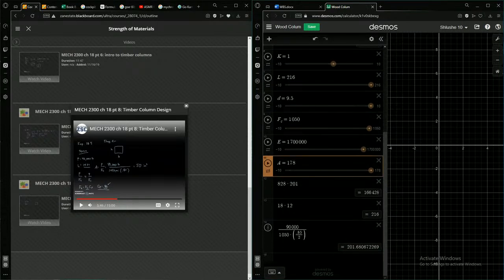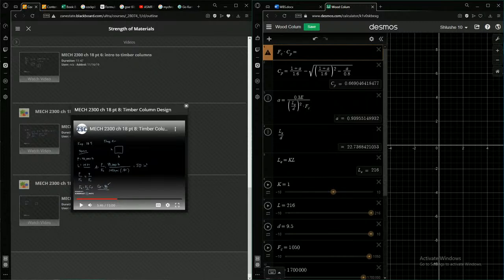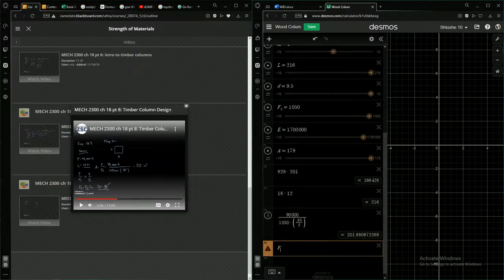And we're also going to make this equal to, what number do we want? What do we want to make this equal to? Well, it's the F sub something. So then we're going to do F sub.